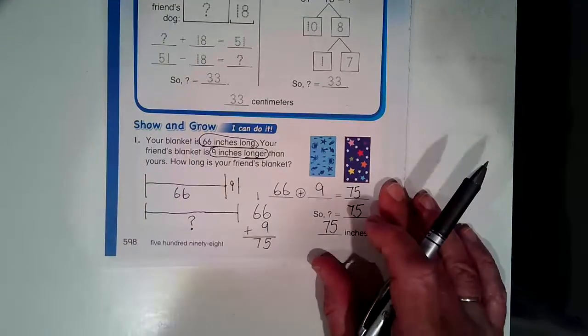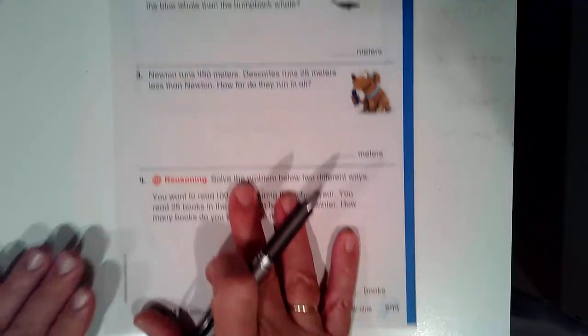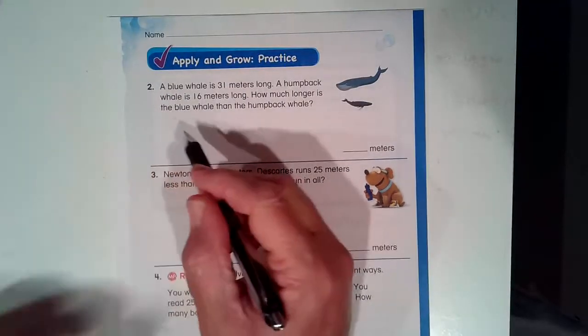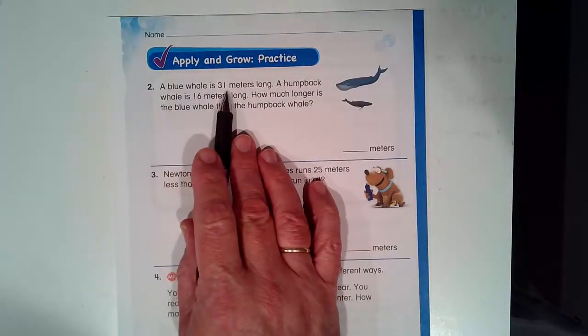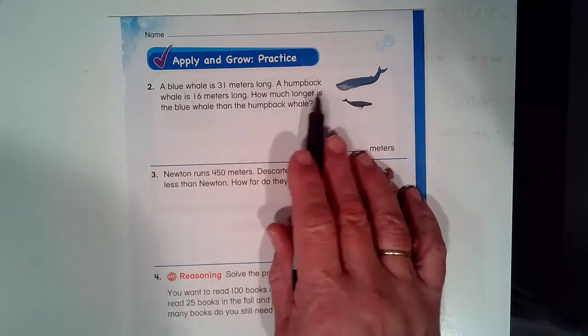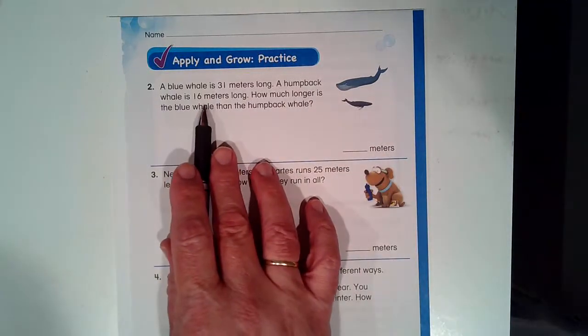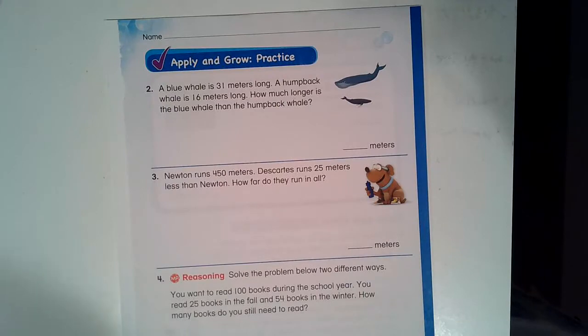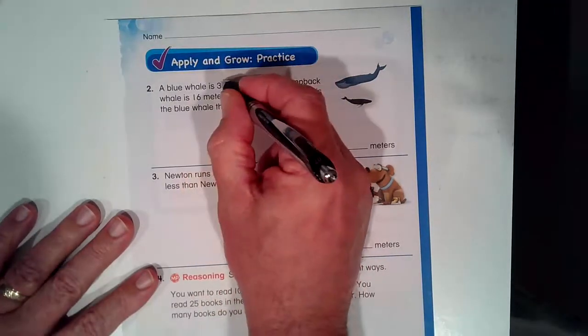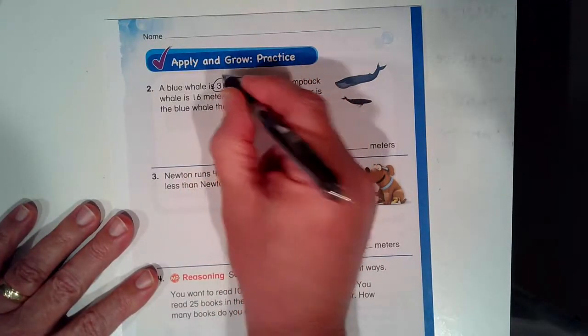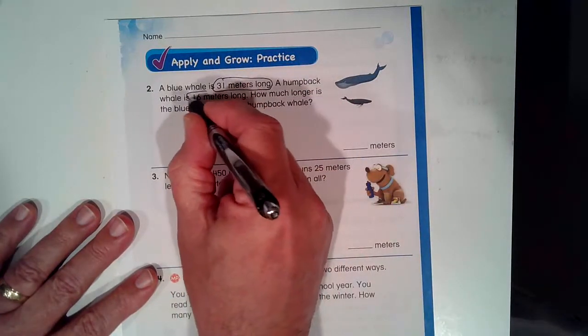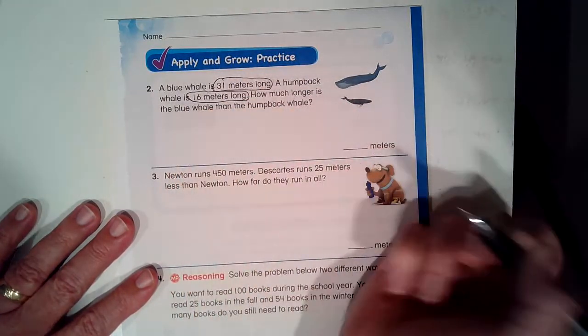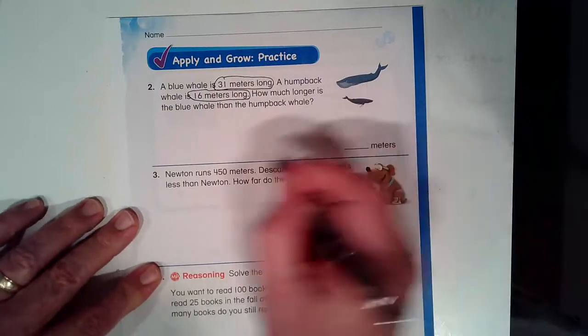All right, let's go to the next page, page 599. It says, a blue whale is 31 meters long. A humpback whale is 16 meters long. How much longer is the blue whale than the humpback whale? 31 meters long, 16 meters long. How much longer?